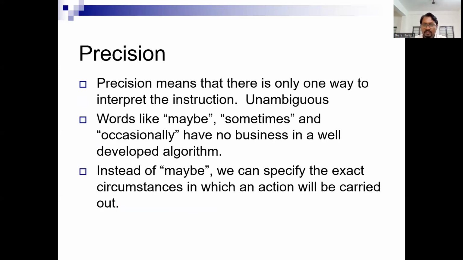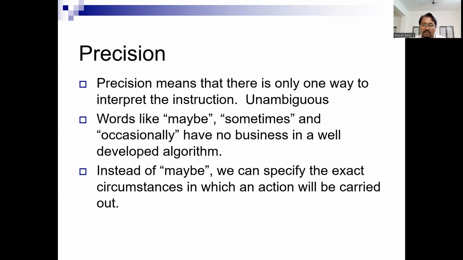Coming to the word precision, the algorithm definition says it must be precise. What do we mean by precision? Precision means there is only one way to interpret the instruction. That means we give a unique instruction which is unambiguous, without any confusion.